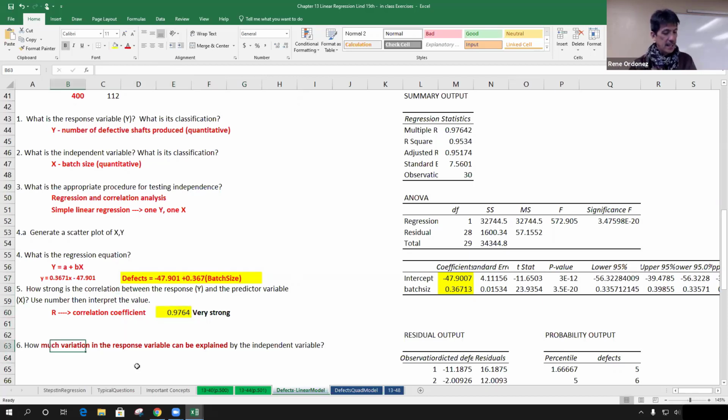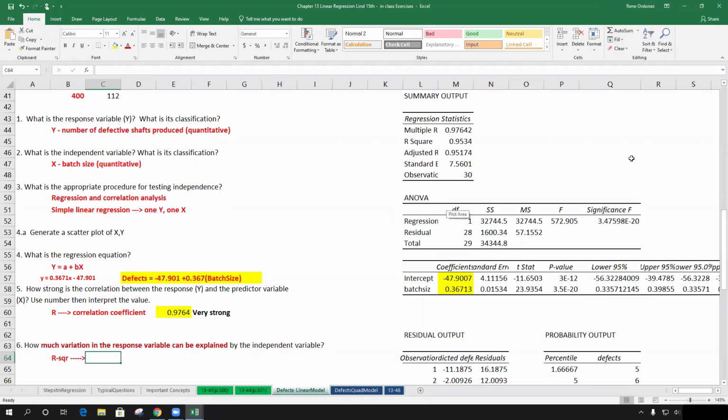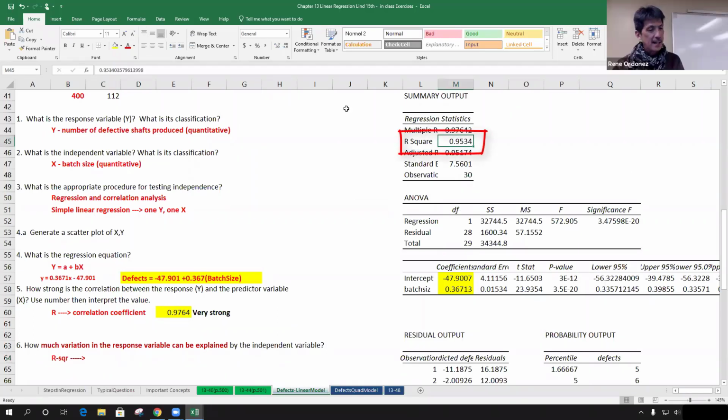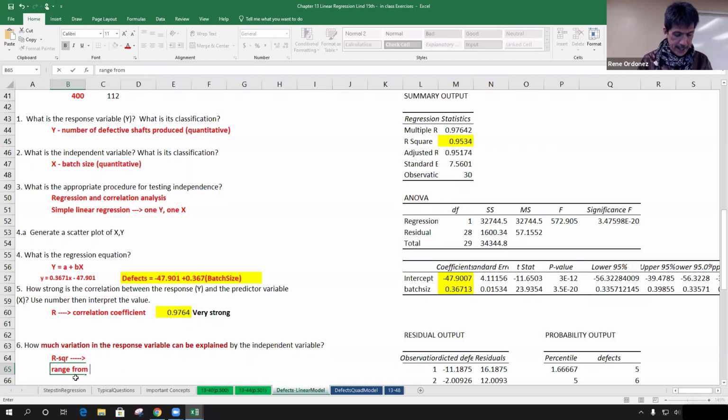How about number 6? How much variation in the response variable can be explained by the independent variable? Or in other words, how much variation in defect rate can be explained by batch? 0.9534. That's correct. Again, keep in mind the R squared value. The R squared value will range from 0 to 1.